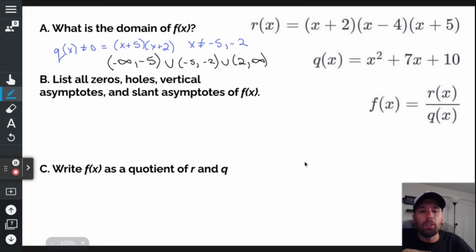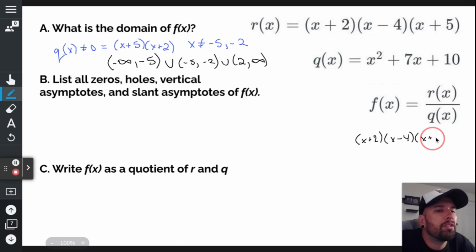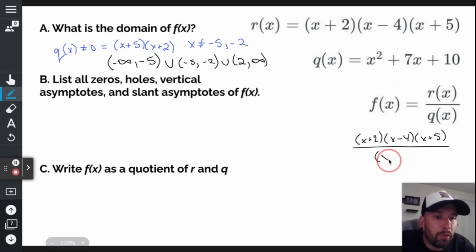Okay, so let me write down this whole thing. Now that I have it all factored out: x plus 2, x minus 4, x plus 5 over x plus 5, x plus 2.